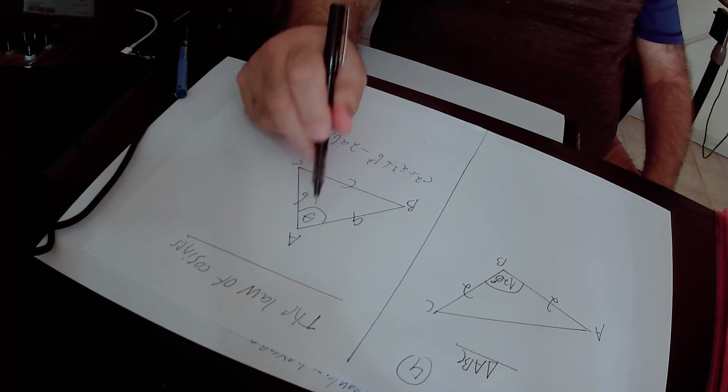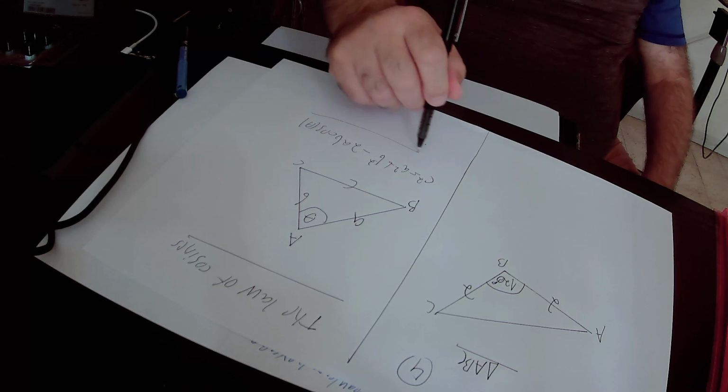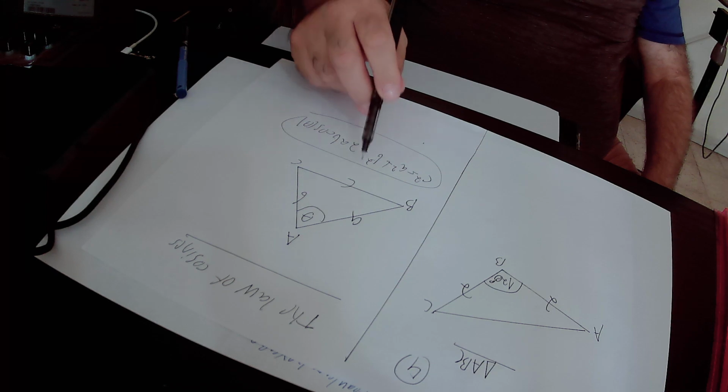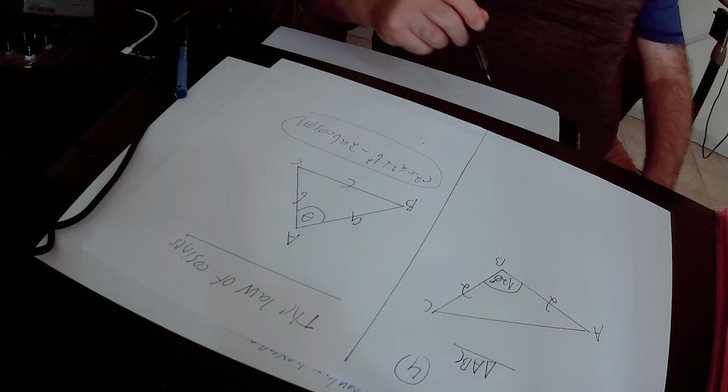Angle BAC equals theta. So in any triangle, C square equals A square plus B square minus 2 times A times B times cosine theta.